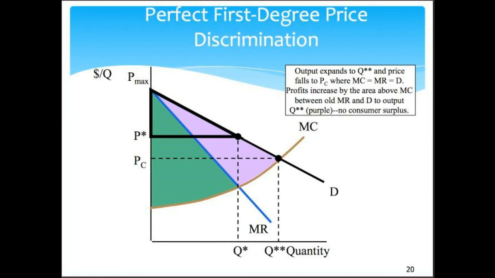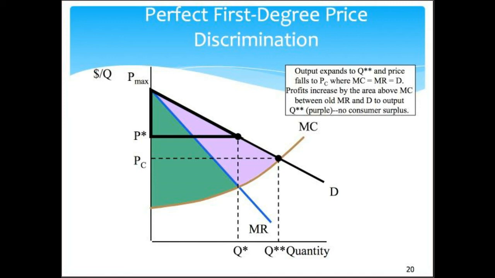Not anymore. With everybody paying a different price, the firm's total revenue is going to be the area underneath the demand curve. So think of it as that four-sided area, go from underneath the demand curve all the way down to the horizontal axis. That's their total revenue.